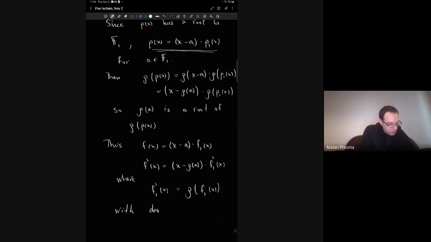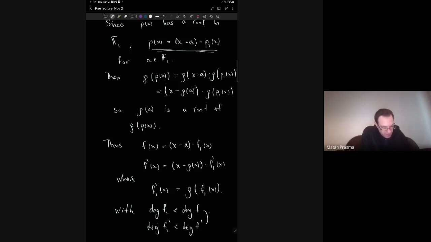Of course, the degree of f1 and the degree of f1 prime are strictly smaller than the degree of f and the degree of f prime.